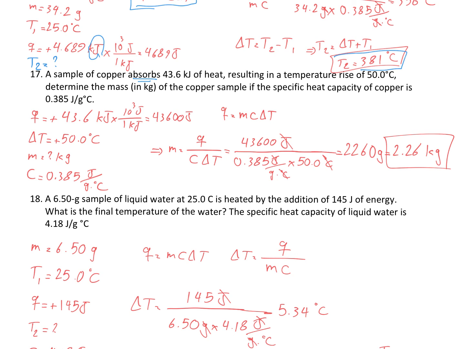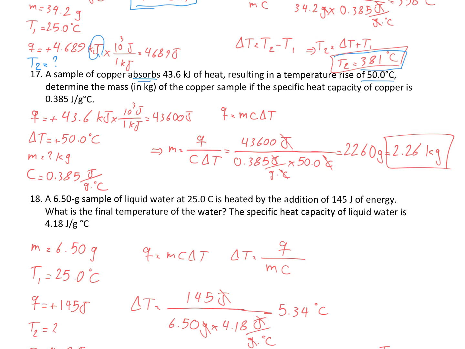If it says it's losing 43.6 kilojoule of heat, then it would be a negative Q. It says the temperature rise of 50, so it's already giving you the change in temperature. Be careful with this wording. So delta T is plus 50 degrees Celsius.